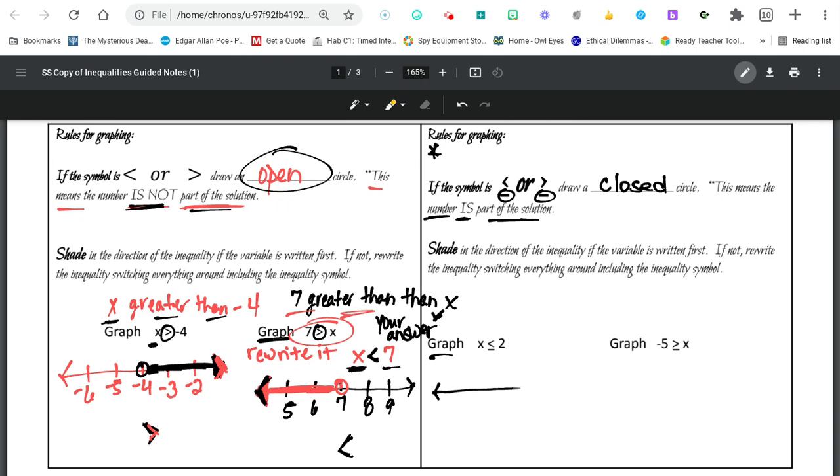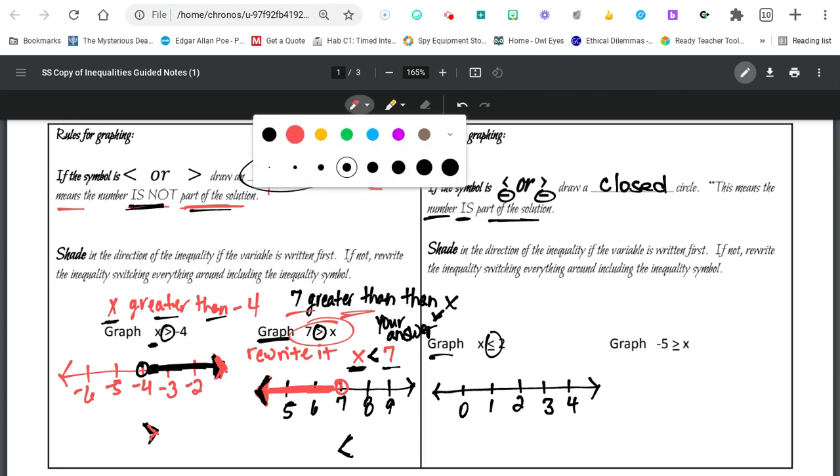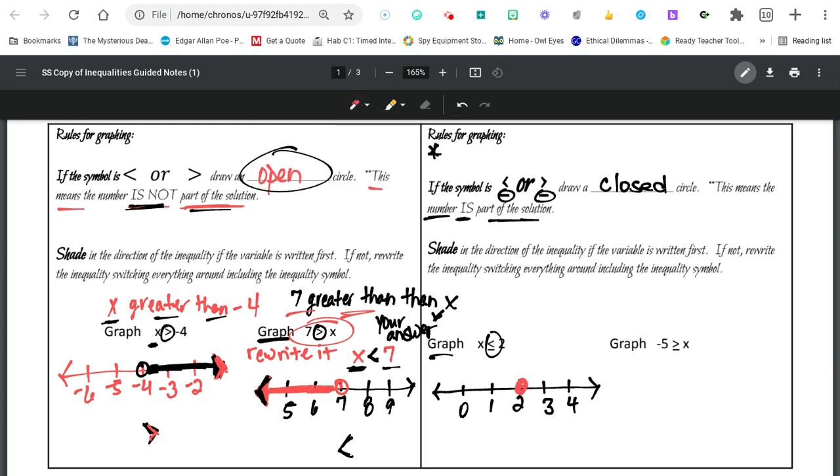So there's a number 2, a few numbers to the right are 3 and 4, and to the left are 1 and 0. All right, because it has equal to on it, I'm going to put a closed circle on the number 2. That closed circle indicates that 2 is maybe not less than 2, but 2 is equal to 2, and it says equal to on it.